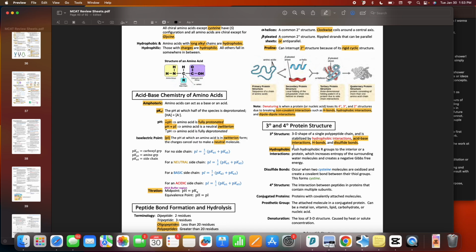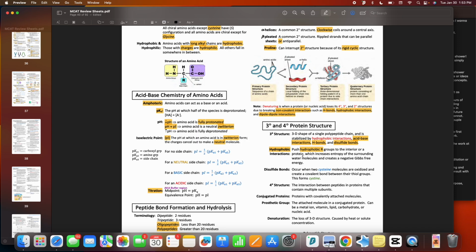I have to redo my amino acid revision, but they push hydrophobic R groups into the interior of the protein, of the tertiary structure, which increases entropy of the surrounding water molecules.